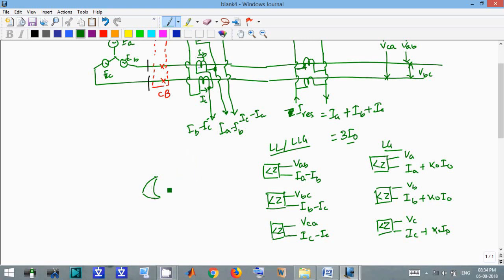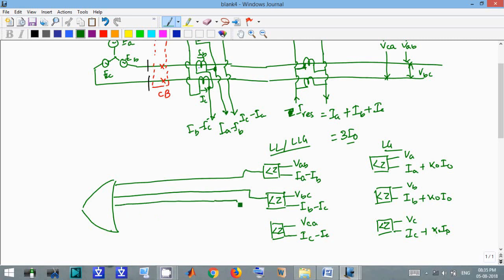So we need to draw a big OR gate here. If any of these give the signal 1, this can be 1 or 0, 1 or 0, 1 or 0.